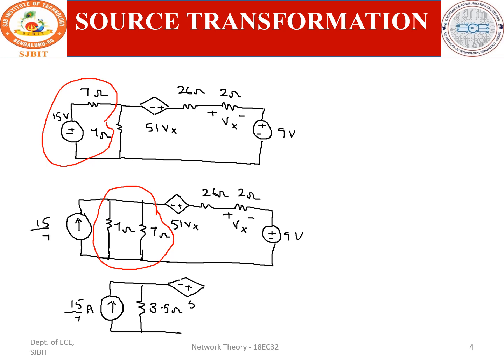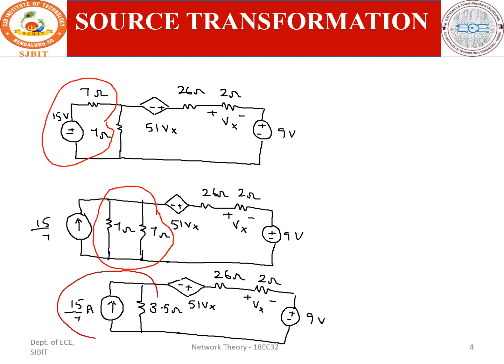You have to write it as 51 Vx, and 26 ohm, and here it is 2 ohm, with positive and negative Vx, and the remaining voltage is plus 9 volts. To simplify the network again, this current source I have to convert into a voltage source.